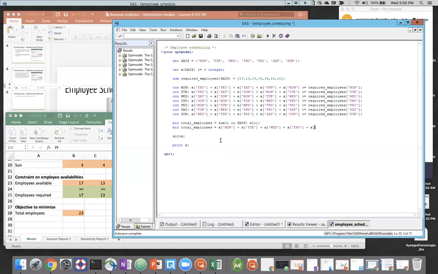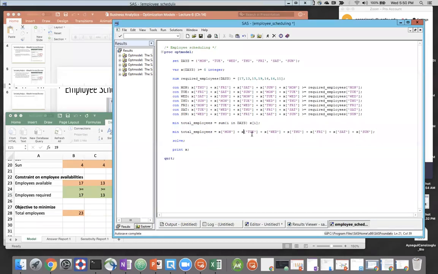People starting on Friday, people starting on Saturday, and people starting on Sunday. Okay, so basically this line is same as the second line, but it's just a compact form. Okay, so it's just shorter. It's like the summation. It says basically sum over all the indices of the days set over x.